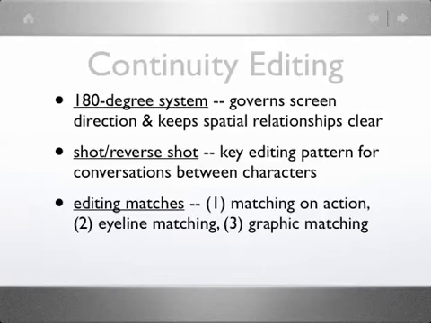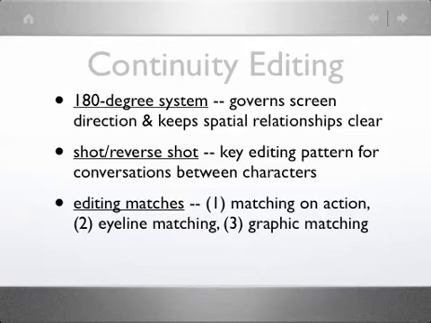Could be a color, it could be a particular shape, it could be a particular line or vector, and between the two shots it is matched usually by placing it in the same part of the frame and having either a cut or a dissolve that places whatever the graphic element is in about the same part of the frame so that those match graphically and make it a little less disruptive or a little less visible that there was some sort of a cut or some sort of an editing transition that had taken place.